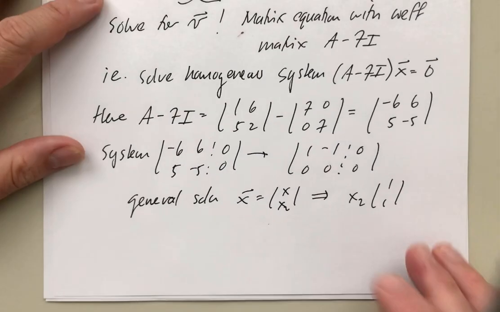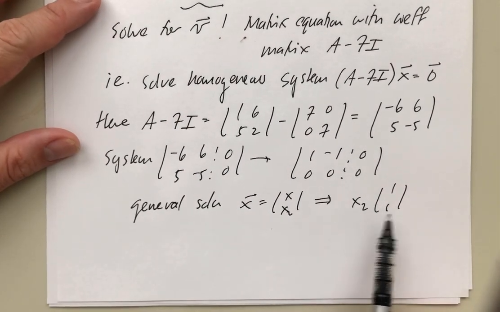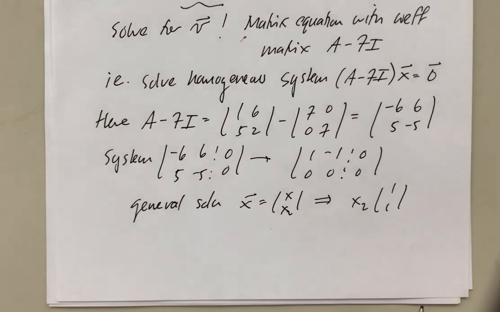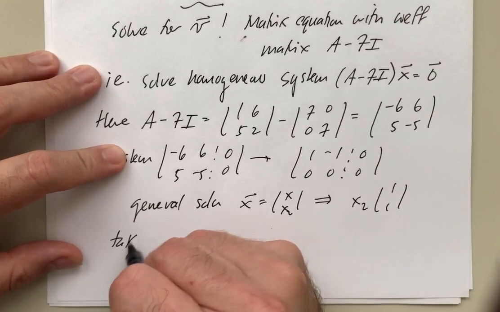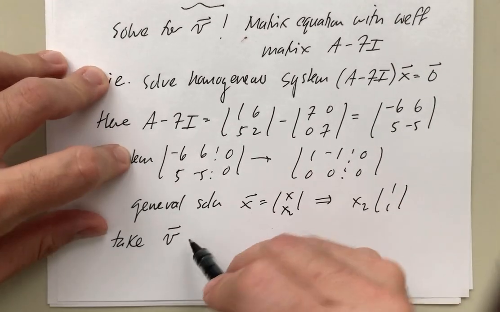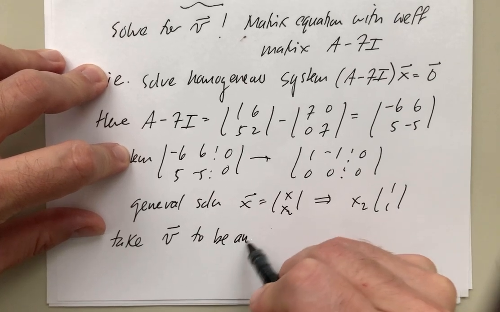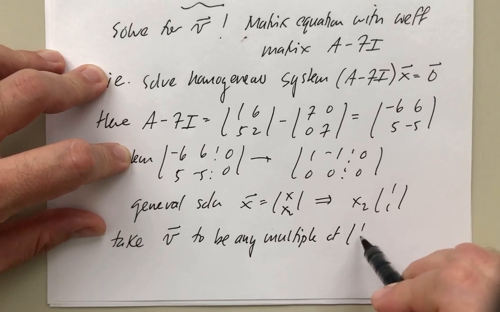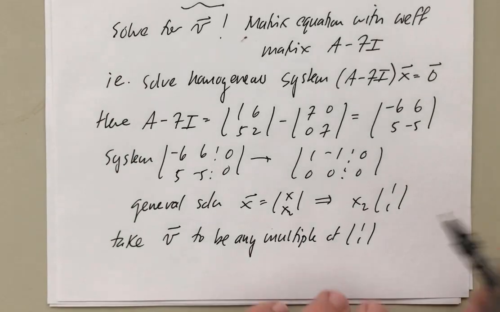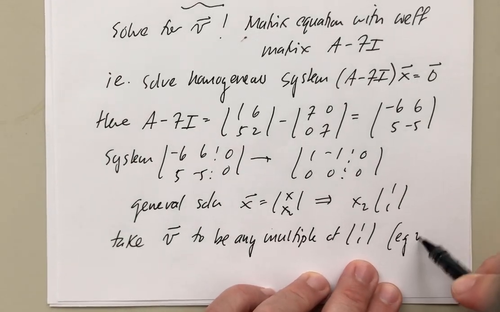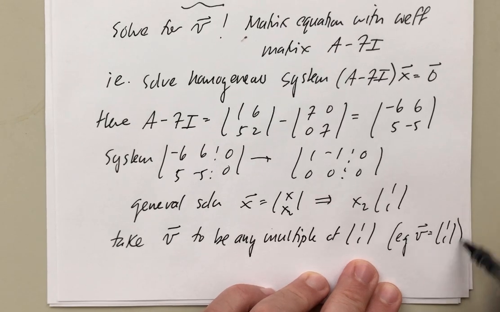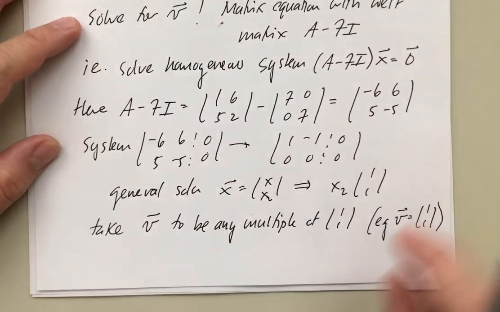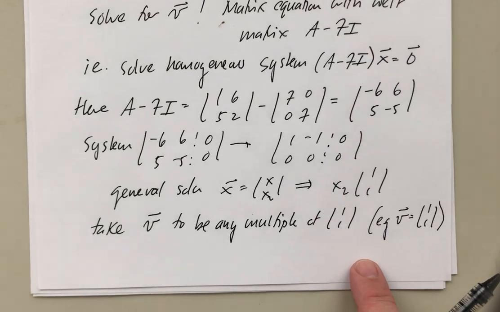What this is saying is that for an eigenvector, I can take anything that's a multiple of (1, 1). For instance, we can take just (1, 1) itself, and that's going to be an eigenvector.